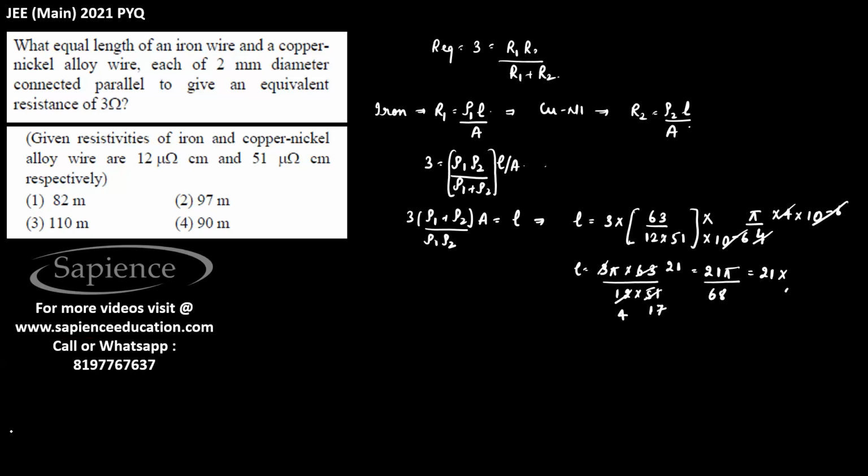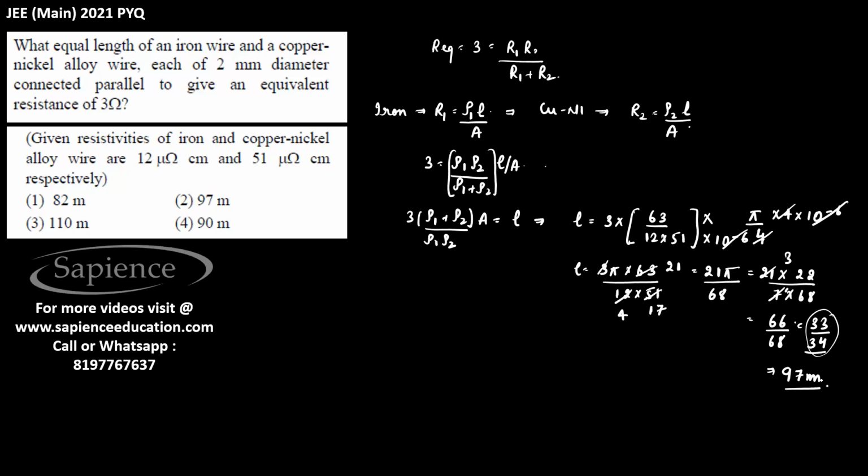So this will become 22 by 7 into 21 by 68. 7 3s are 21, so the answer will be 66 divided by 68, that is 33 by 34. Extremely close to 1 meter, so the answer is roughly 97 centimeters.